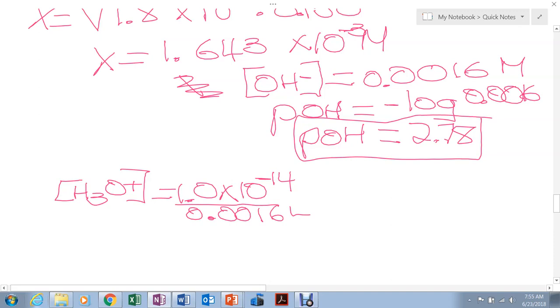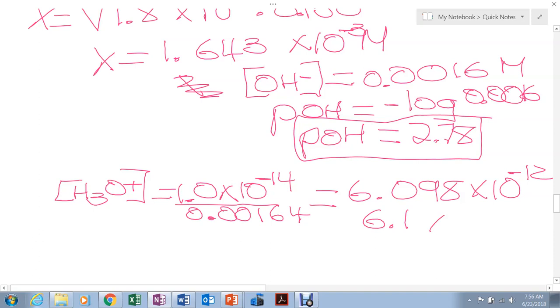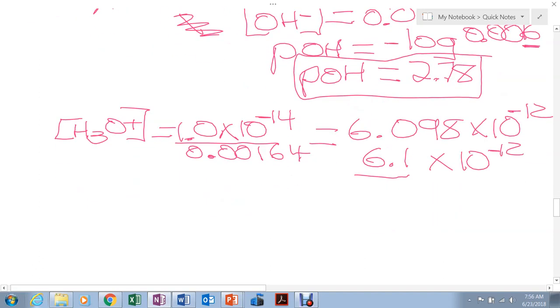And this is going to be 6.098 times 10 to the negative 12. And this is going to be 6.1 times 10 to the negative 12. Did you notice that I rounded to 2 here and 2 here? Well, that's what you need to put it in with 2 sig figs.